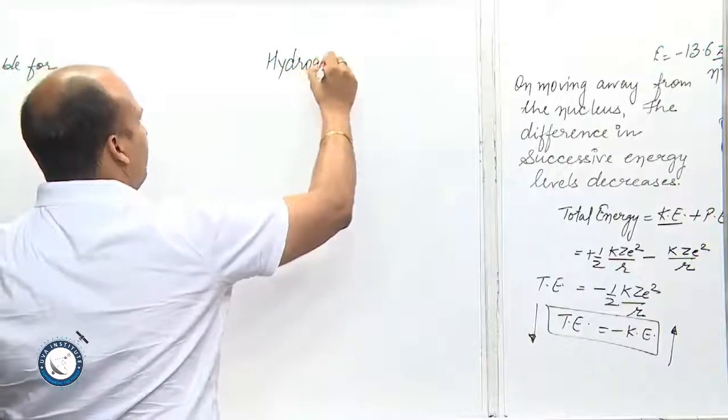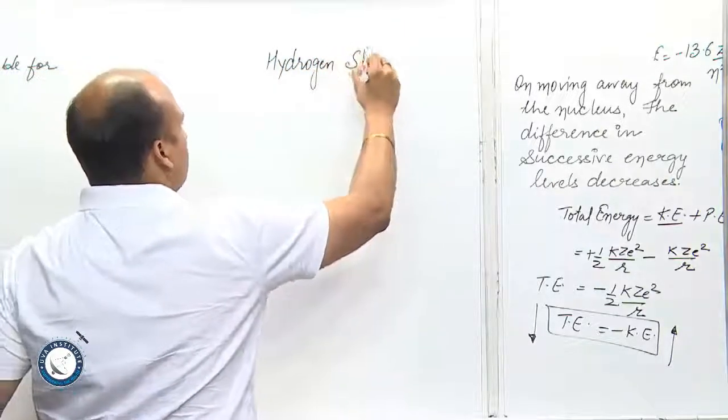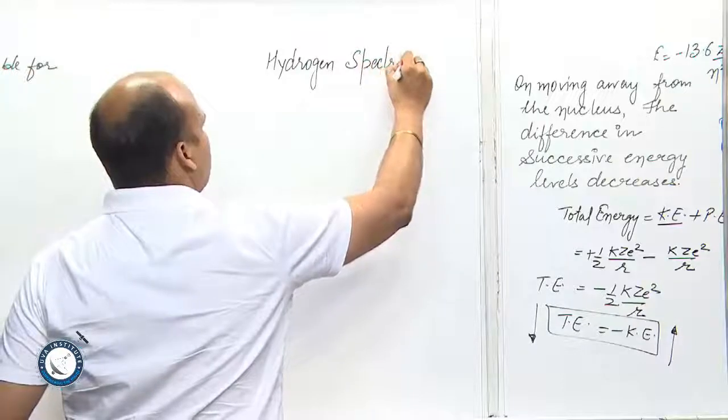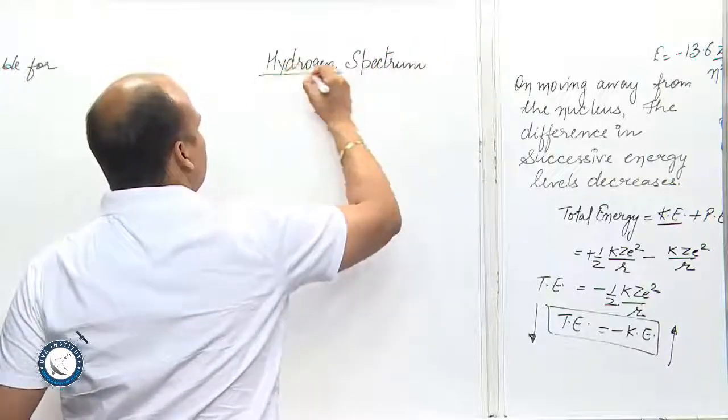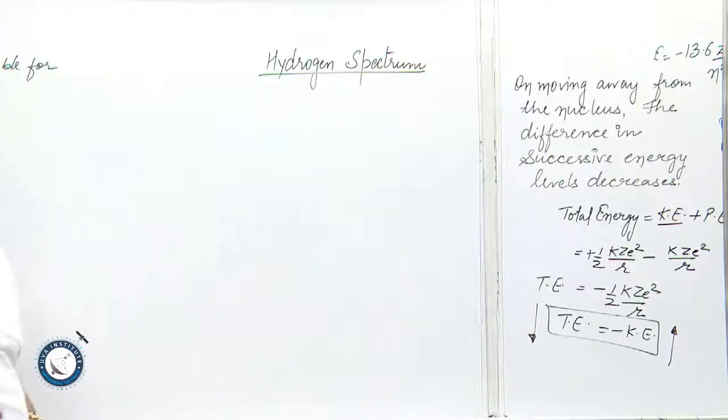So he excited the electron in hydrogen and observed the various rays which were emitted when the electron fell down to the lower energy levels. Okay? Now, what is this?